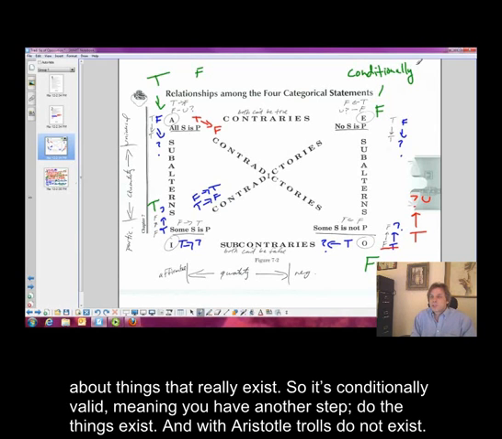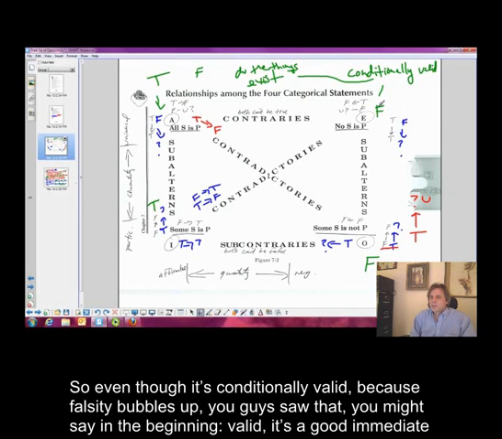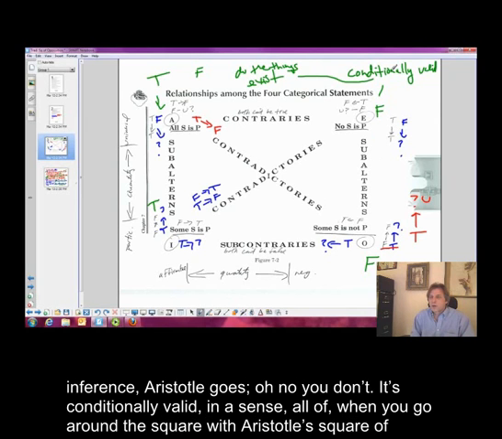So it's conditionally valid, meaning you have another step. Do the things exist? And with Aristotle, trolls do not exist. So even though it's conditionally valid, because falsity bubbles up, you guys saw that. You might say in the beginning, valid, it's a good immediate inference. Aristotle goes, oh, no you don't.